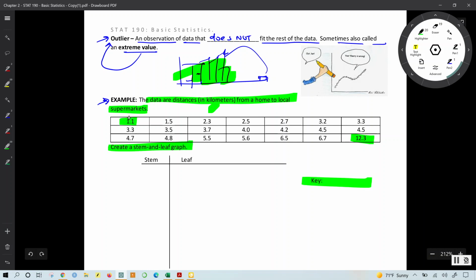I can see that there is a number before the decimal and a number after. I'm going to choose to represent 1.1, for example, as 1 bar 1. So which means a number like 3.7 will be represented as 3 bar 7. And a number like 12.3 will be represented as 3 and then 12.